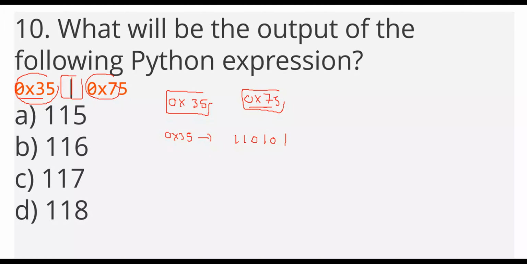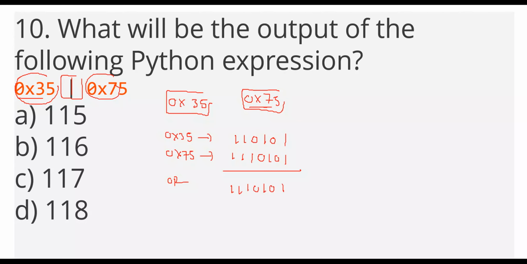The binary representation of 0x75 is 1110101. If you perform the OR operation between these two, you will get 1110101.